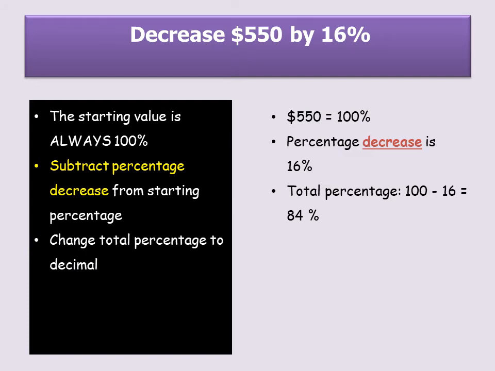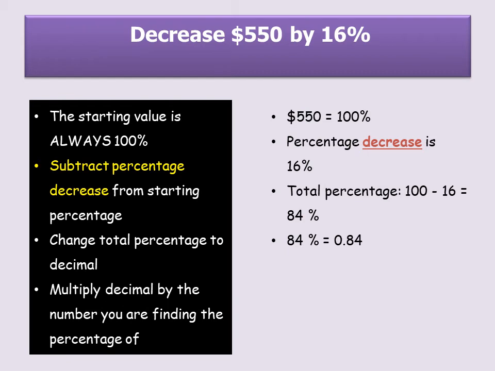Then, of course, we're going to follow the same steps as we did some moments ago. We're going to multiply. We're going to change the percentage to a decimal, and then multiply the decimal by the number you're finding the percentage of. The only difference between the percentage increase and decrease is the operation.